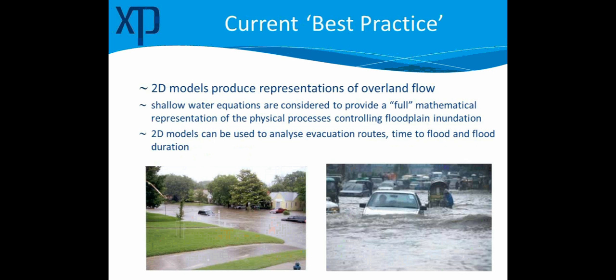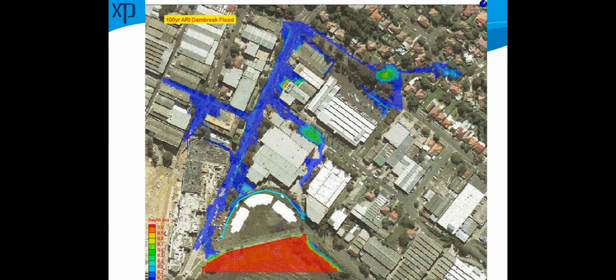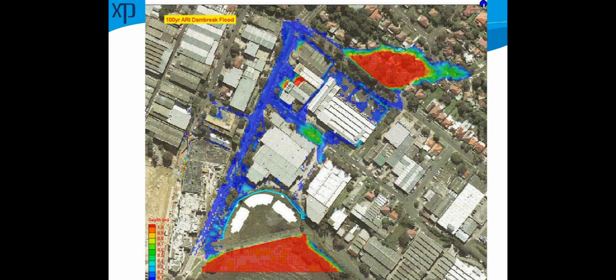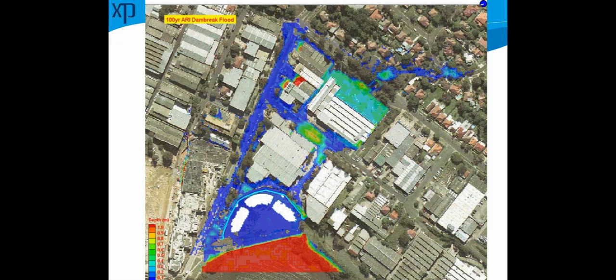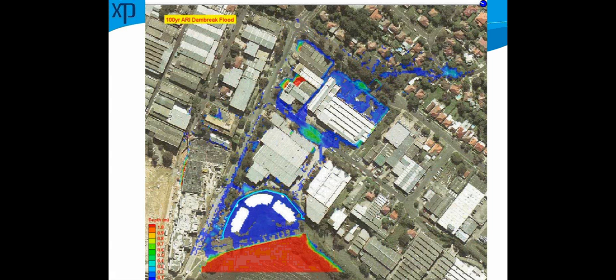2D models where we're solving the full shallow water equations have the ability to fully represent the overland flow. And we can show evacuation routes and time to flood by using the outputs from these 2D models. So if we look at the software, this is an example of the sort of animations that can be saved from software and used in evacuation planning.